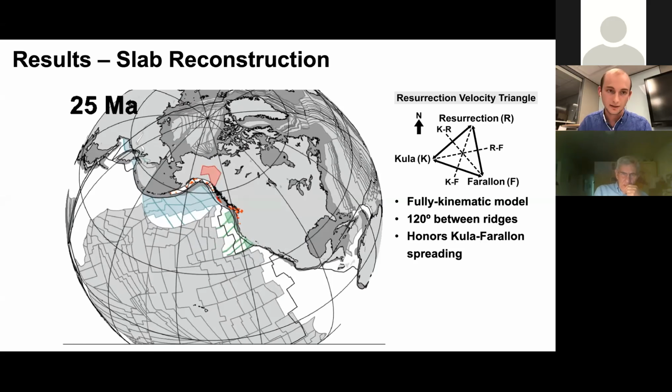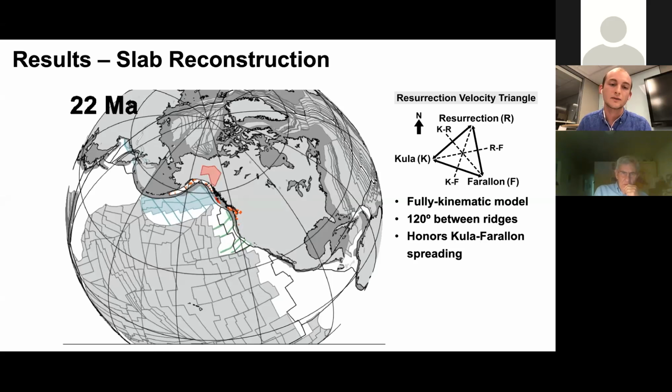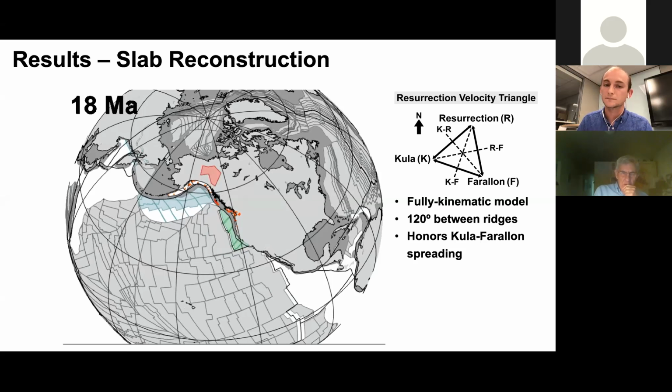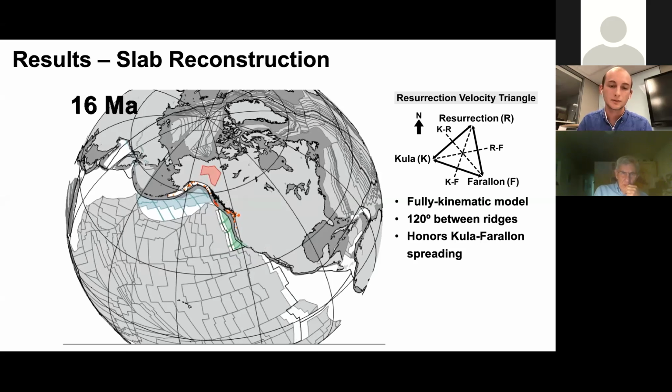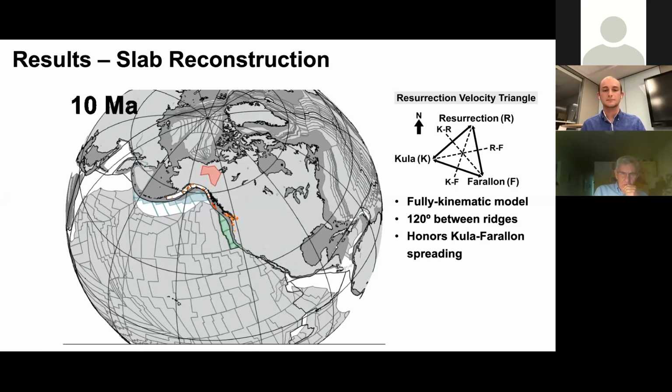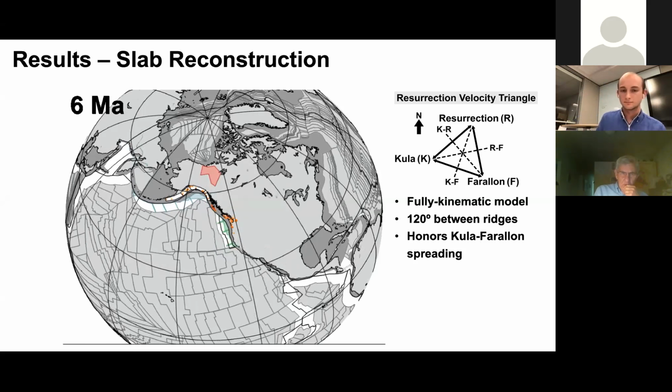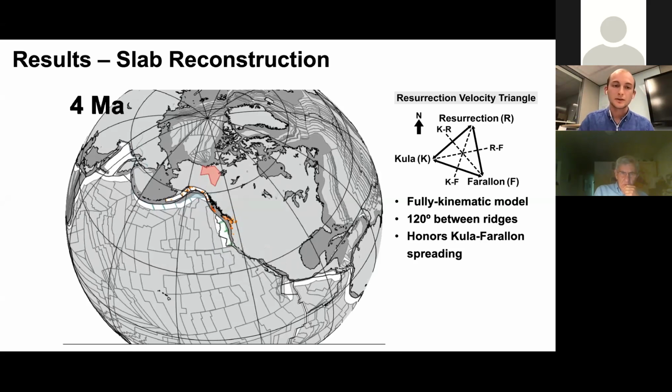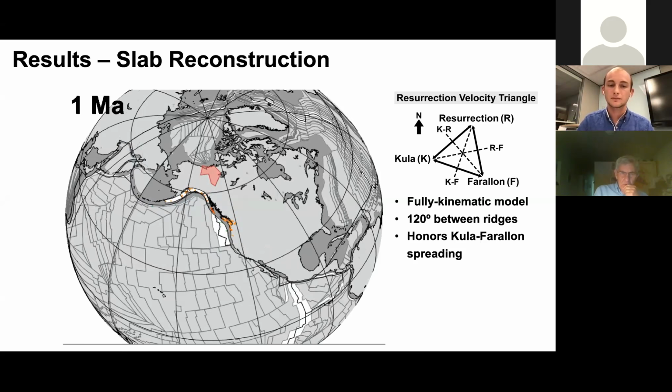And then again, everything after around 40 to 35 MA agrees very well with what's predicted by previous plate tectonic reconstructions. So I'll just wait for that to finish here. Cool.